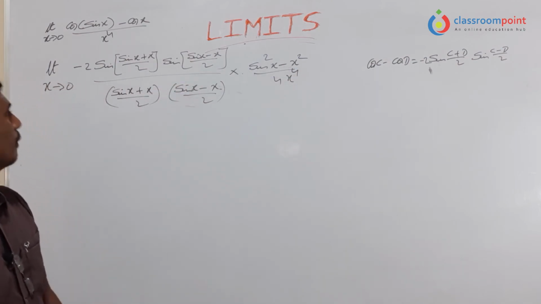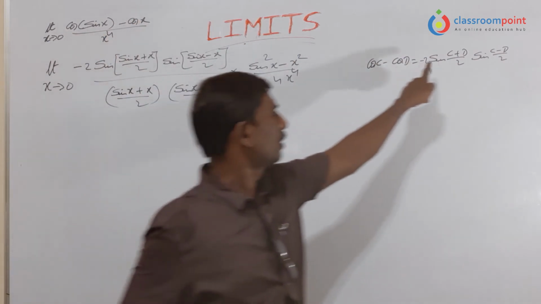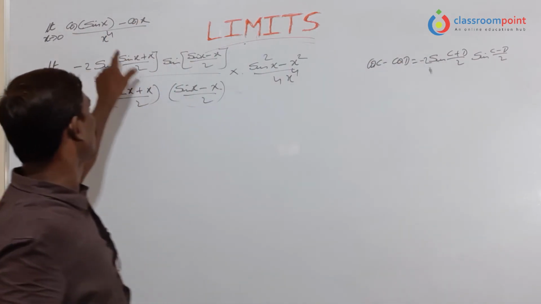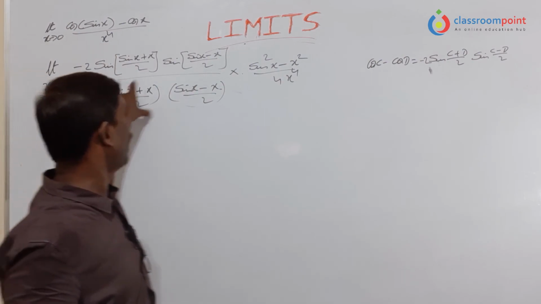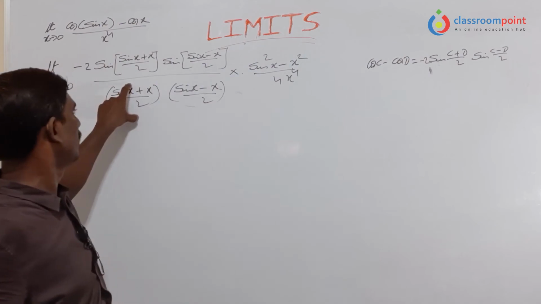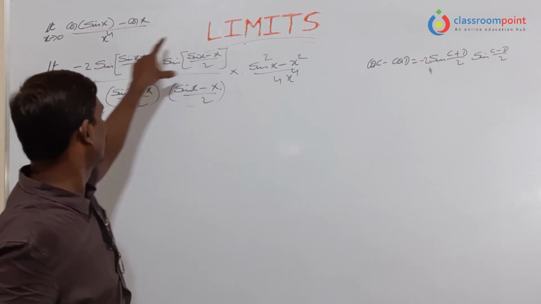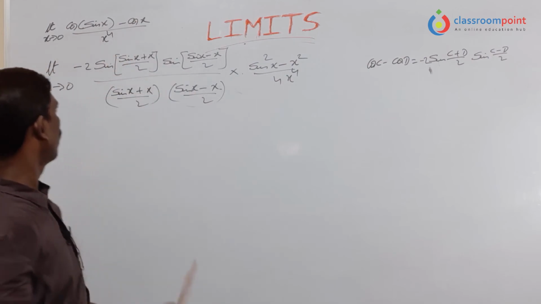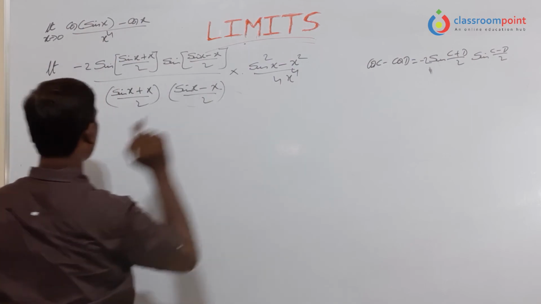Shall I write like this? What I have done here: the cos C minus cos D formula. Then after that I want the sin x by x form, that's why I multiply and divide with the same value, taking the angle that we have in this. Now this is totally 1 and this is totally 1.